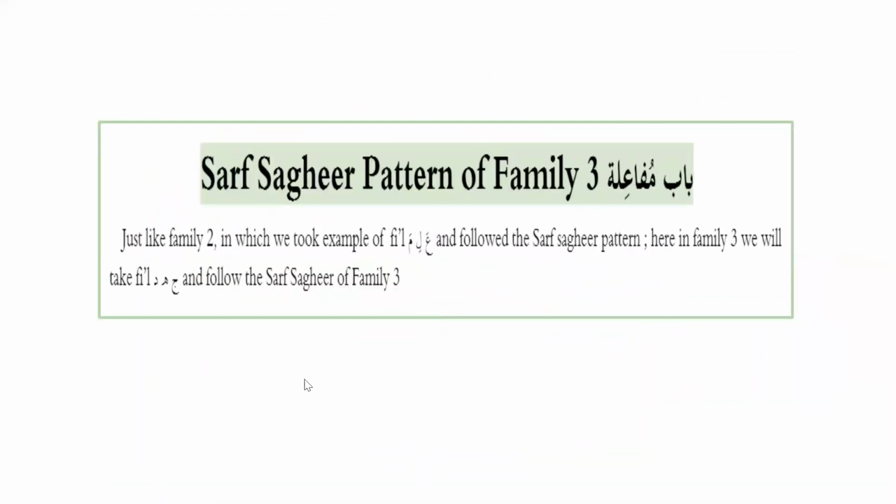Just like in family 2, we took the 3-letter root word alima, ain, lam, mim, and followed the sarf saghir pattern. Allama yu'allimu ta'liman fahuwa mu'allimun. Ullima yu'allamu ta'liman fahuwa mu'allamun. Al-amru minhu allim la wa nahi anhu la tu'allim wa zarfu minhu mu'allamun.